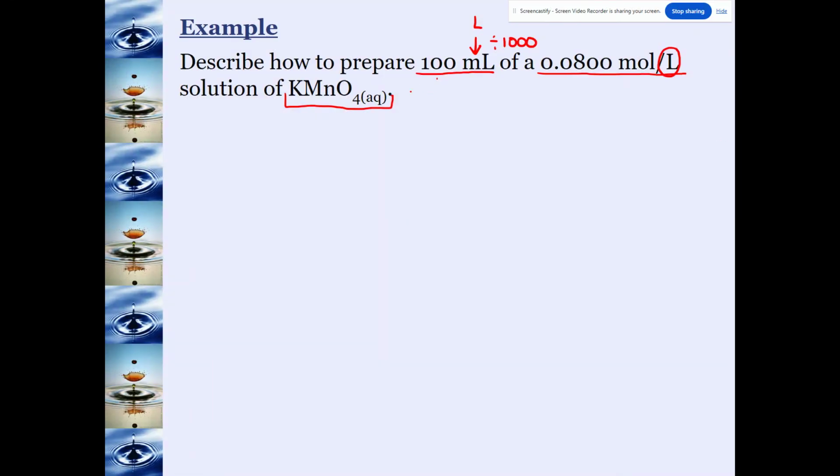Okay? To find my molar mass, I have potassium, which is 39.10. I'm going to add that to my manganese. That's not magnesium, that's manganese. I just need to grab my periodic table because that's not a common one. Manganese is 54.94, and I'm adding that to 4 oxygens, which are 16.00.